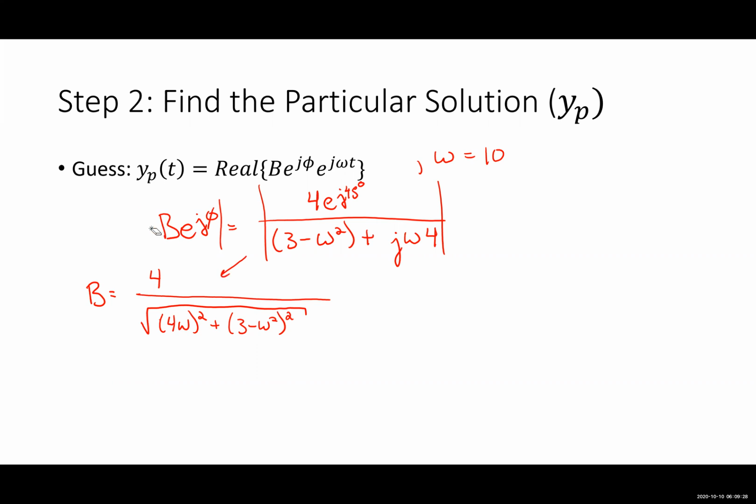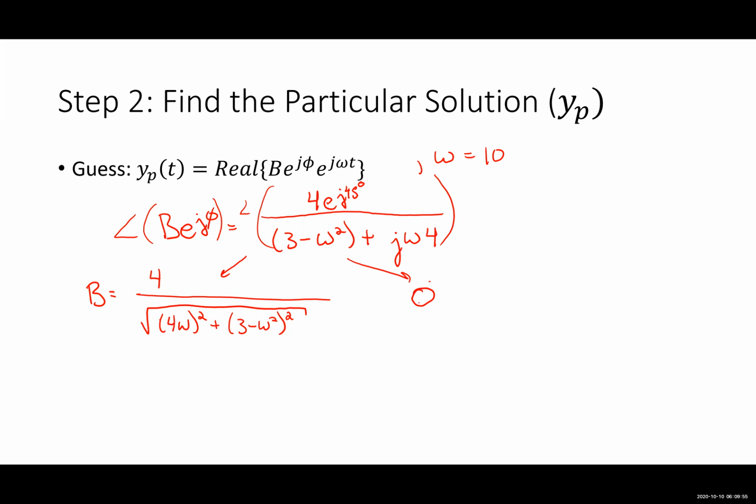Now what I want to do is also the angle of both sides, okay? So when I take the angle of both sides, the angle of the left side here is pretty easy because, again, we said b is always going to be, since it's the amplitude on a cosine function, a real number. So it's going to have no angle.